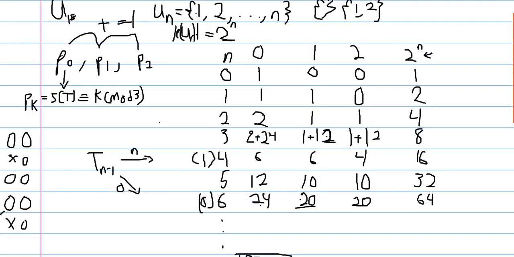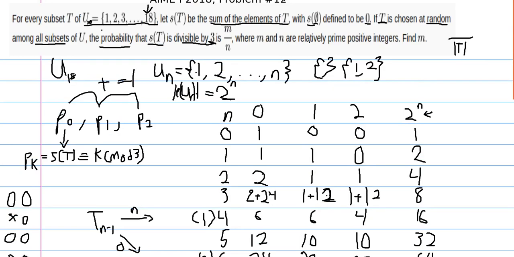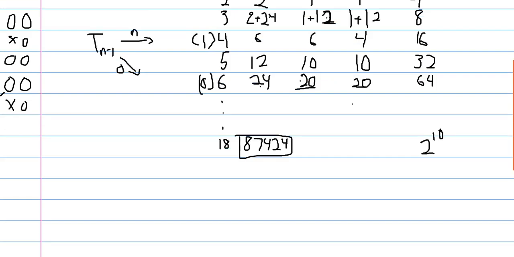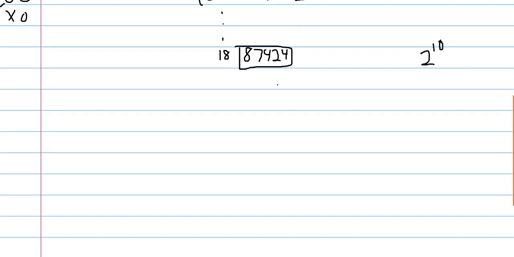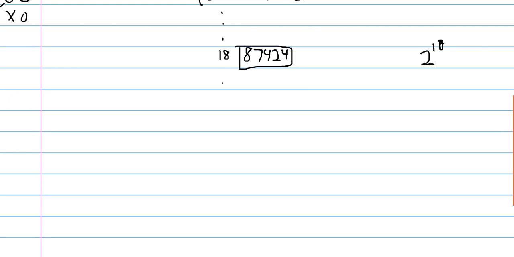Right, so now that we've counted the number of 0 subsets, we need to find the probability P0. So that's just this number divided by the total number of subsets, which is 2 to the 18. And we need it in relatively prime fractional form. Since 2 to the 18 is only divisible by powers of 2, we just divide this number by powers of 2 until we get an odd number.